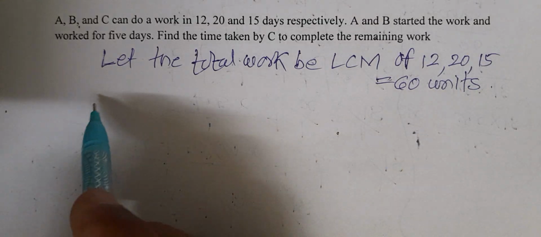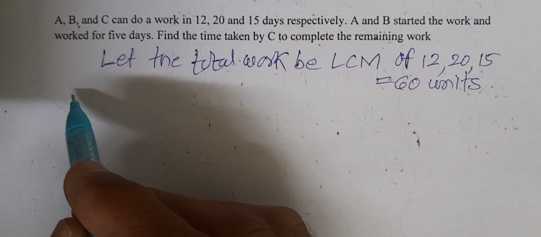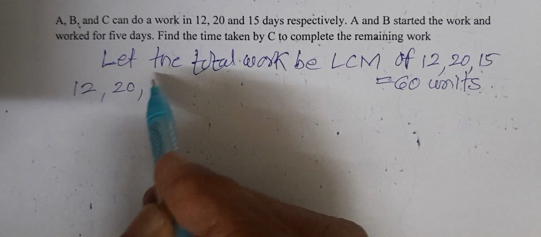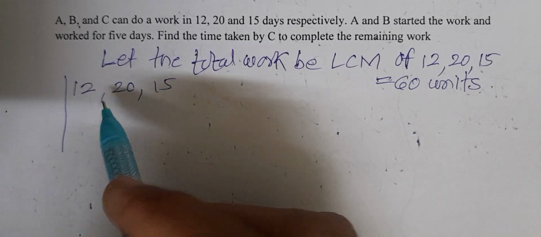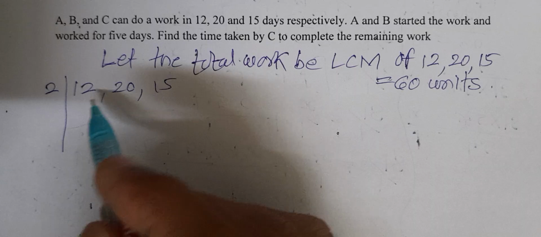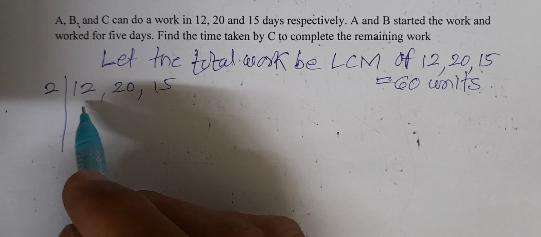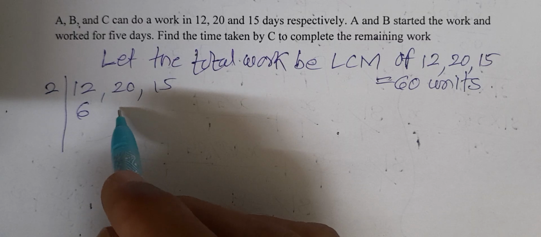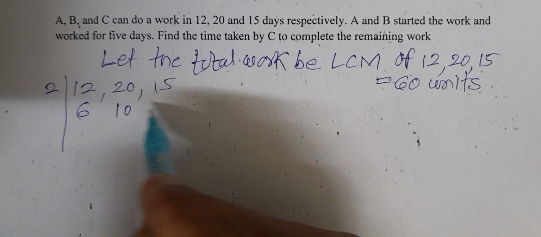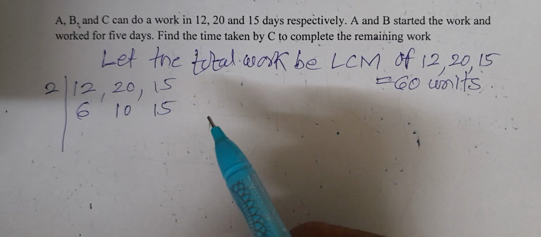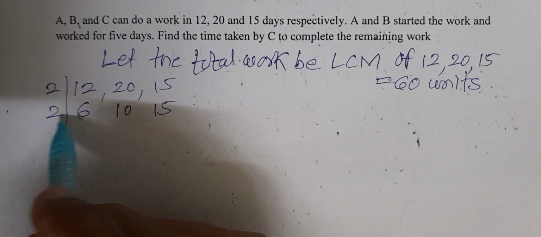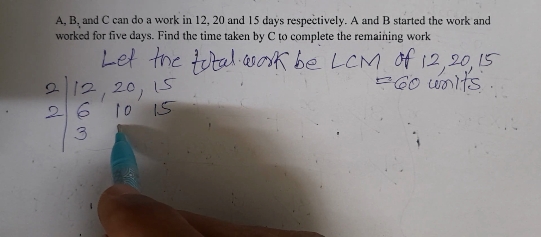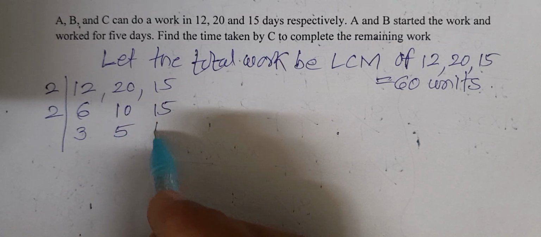How to find the LCM, all of you know that. For 12, 20, and 15, first divide by 2: 2 sixes are 12, 2 tens are 20, and 15 stays as it is. Then again 2 threes are 6, 2 fives are 10, and 15.